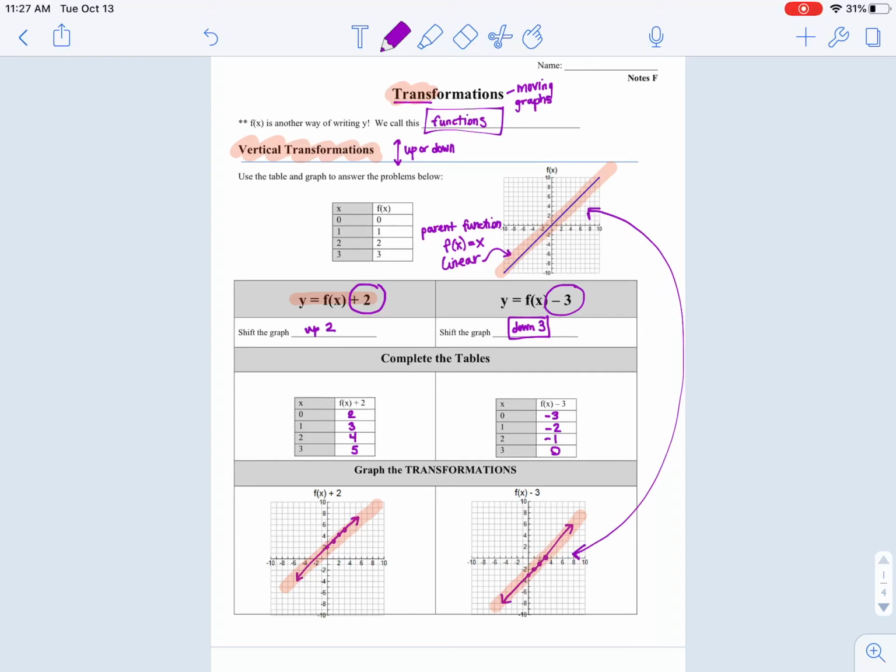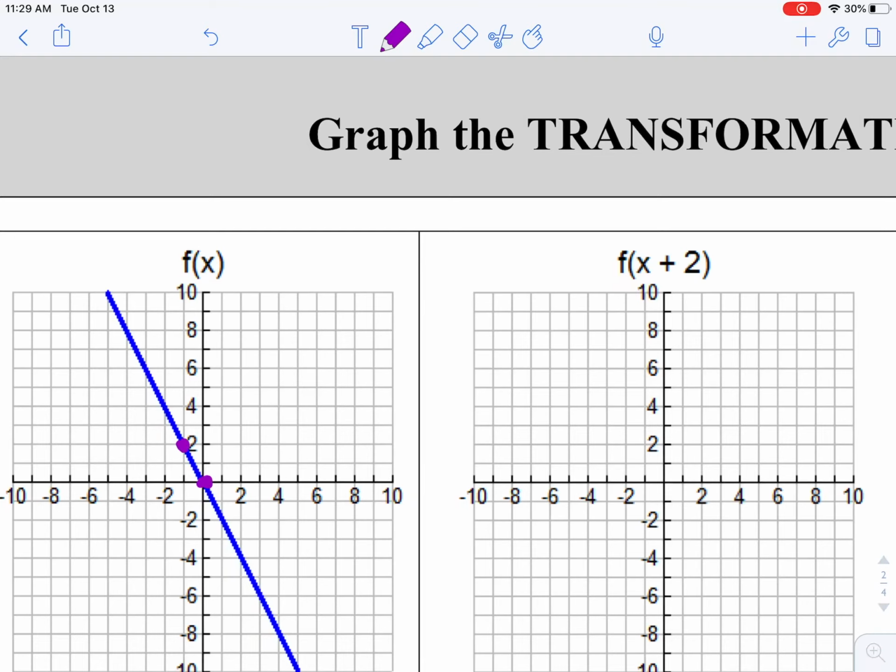So all of my initial points here, I'm going to make a couple points on my initial graph. And I'm going to move each of those initial points to the left 2. So let's just make these little purple dots here for my initial points. And then let's change to green, and we're going to move each point over to the left 2.